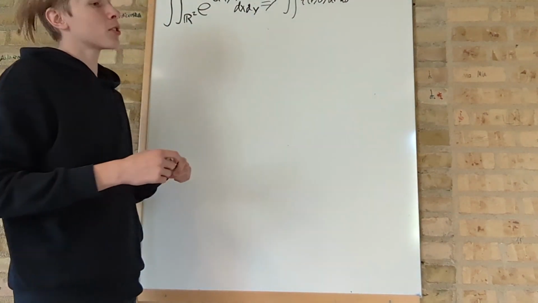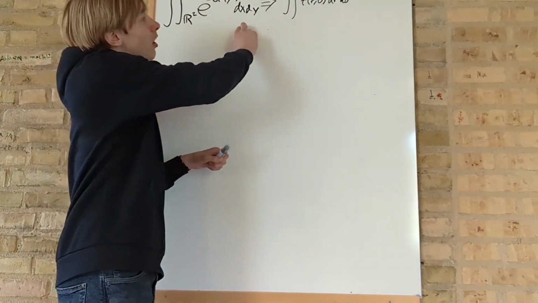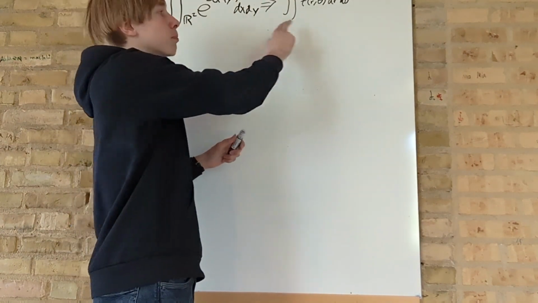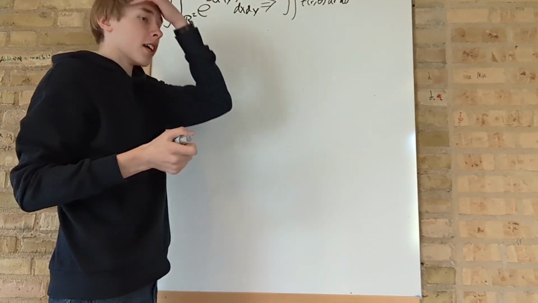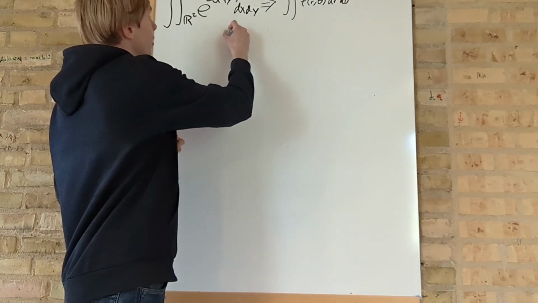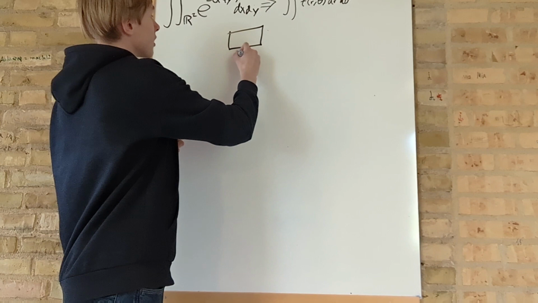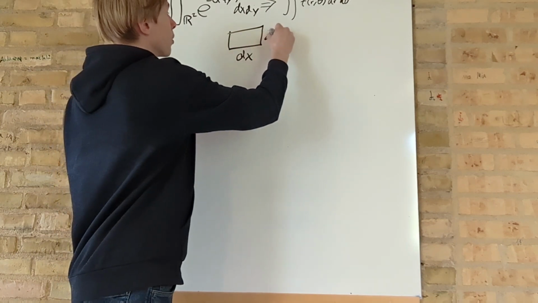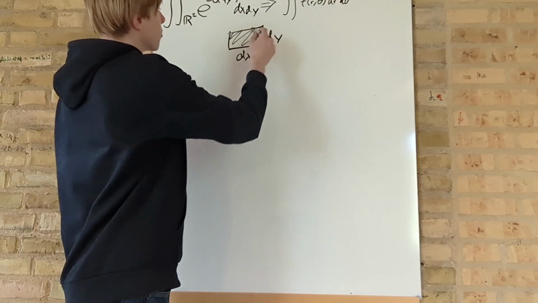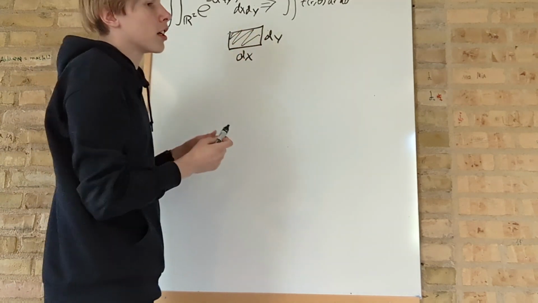So now we want to change this integral into this integral by switching from Cartesian to polar coordinates. And now we want to represent this as a rectangle with side lengths dx and dy. And now this is going to give us the area which we are looking for here.